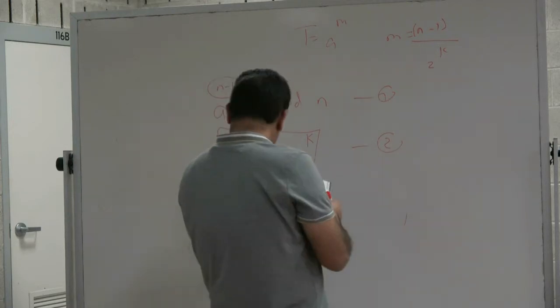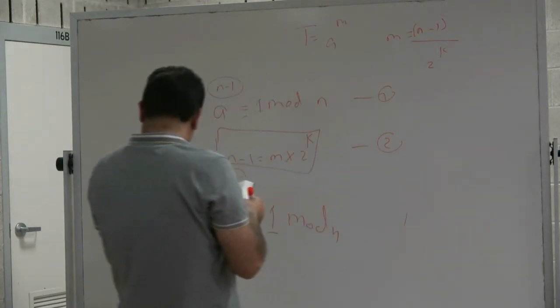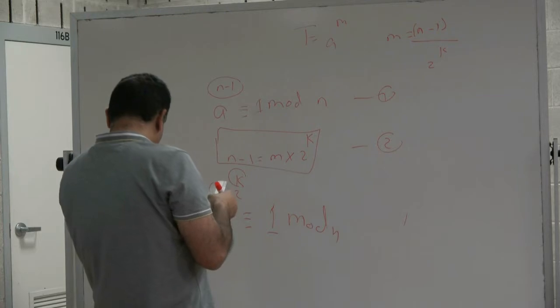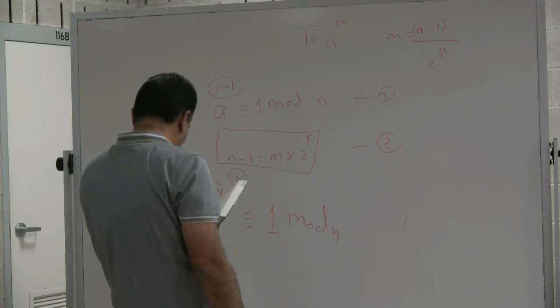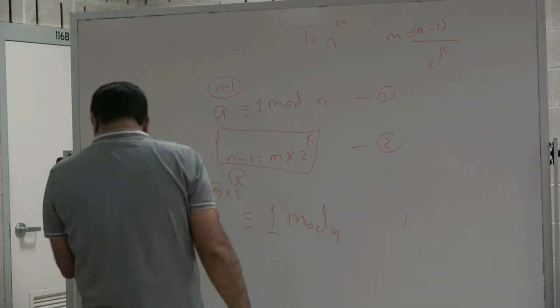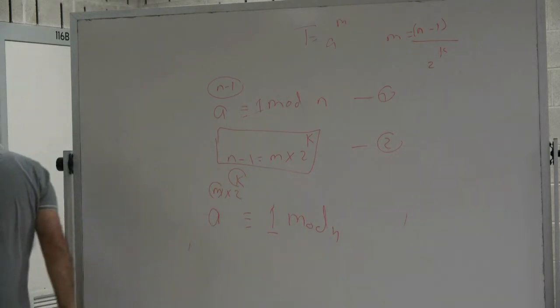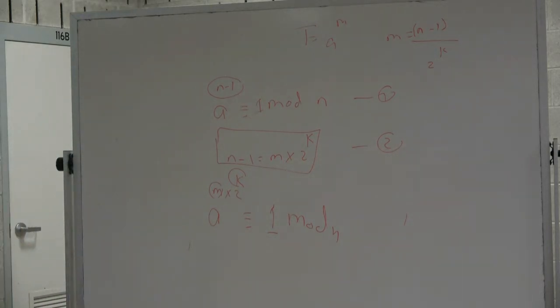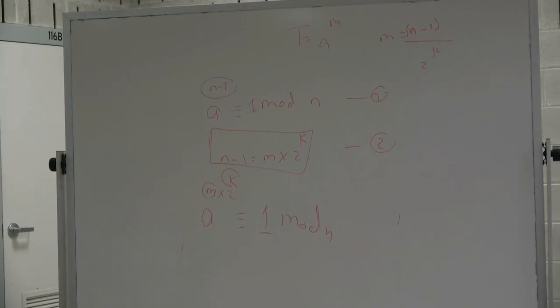So you need to find t. If t is plus 1 or minus 1, declare that n is a strong pseudoprime. If t is anything else, then we cannot tell.